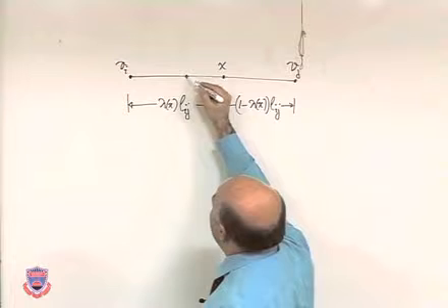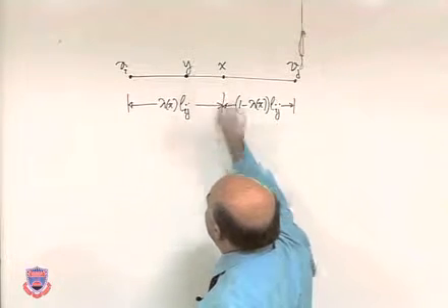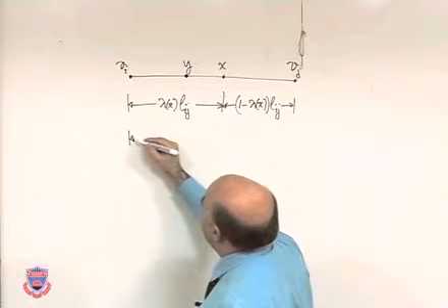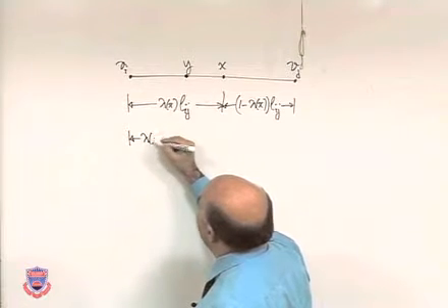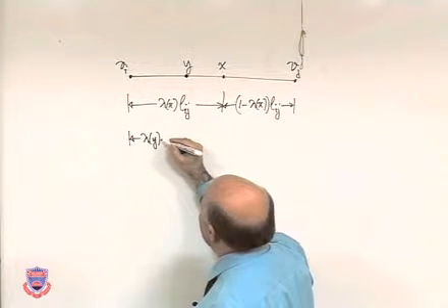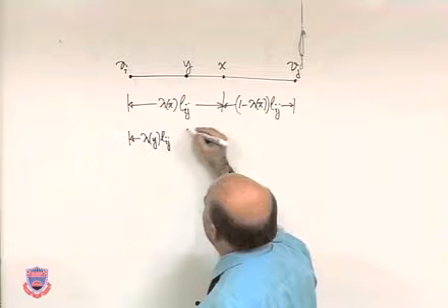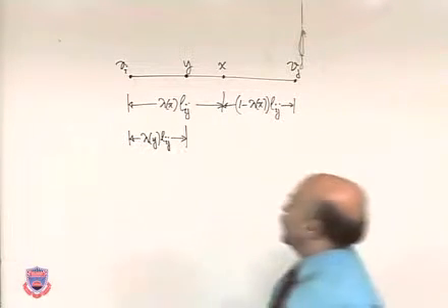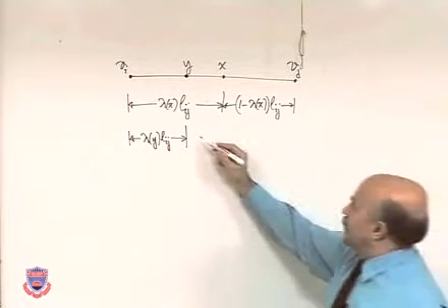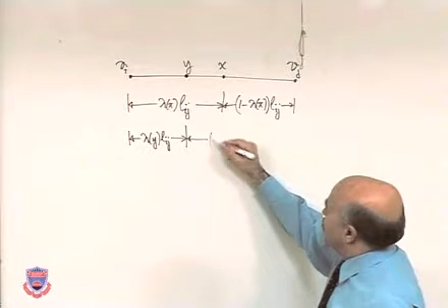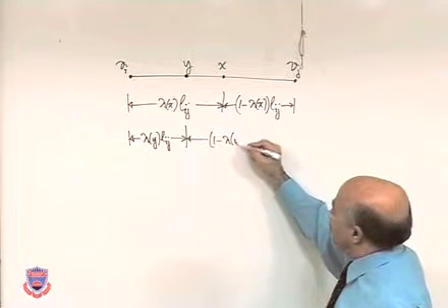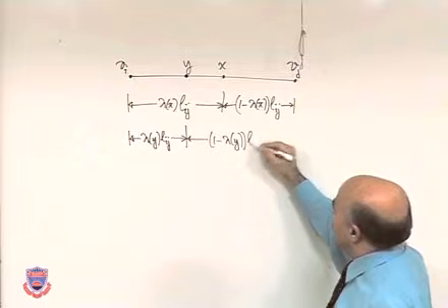And if you have another point y here, that will of course be lambda of y times Lij. And this will be 1 minus lambda of y times Lij.